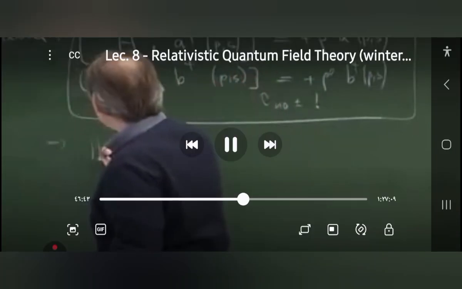And so that means the Hamiltonian can be written as this object dp tilde. So there was a misprint in the Klein-Gordon case.